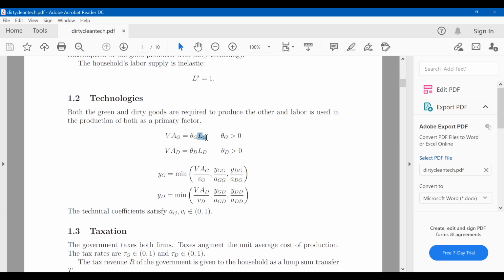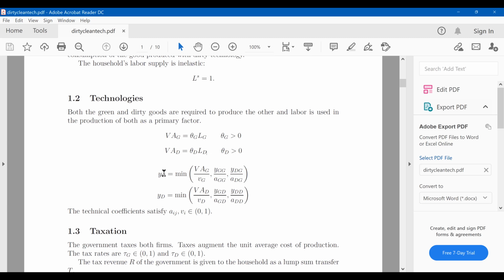And then LG is the labor employed by the green firm, right? So this is positive, and this is a linear production function for value added. And then a similar production function is there for the value added of the dirty firm, right? So theta D is the productivity parameter, and LD is the labor demand of the dirty firm, right?